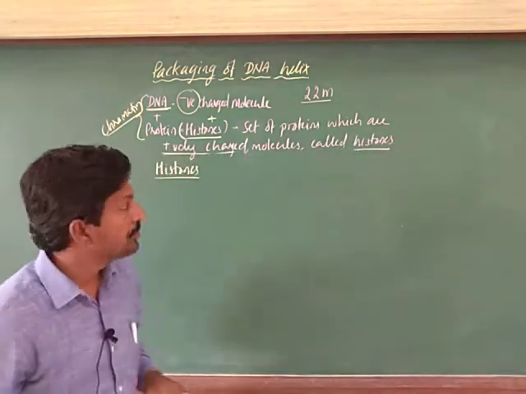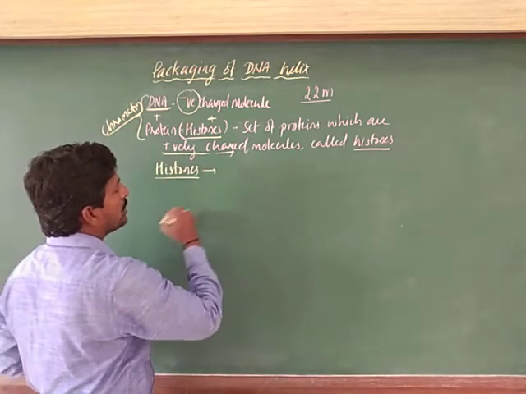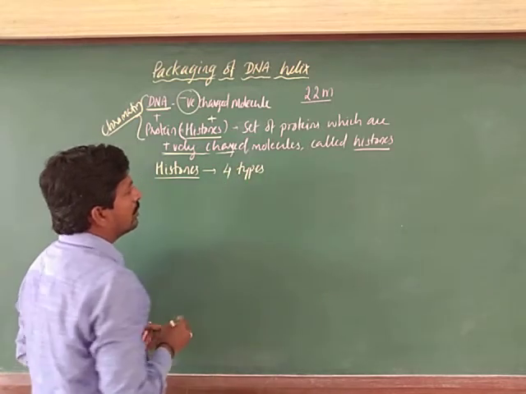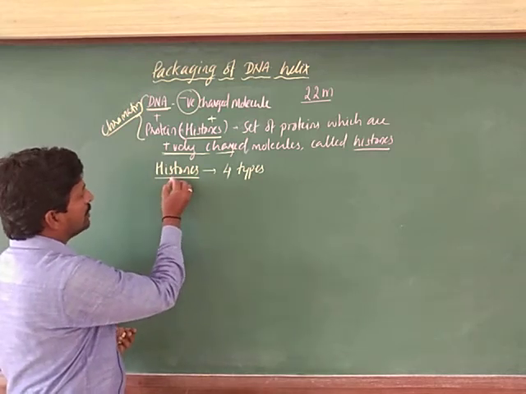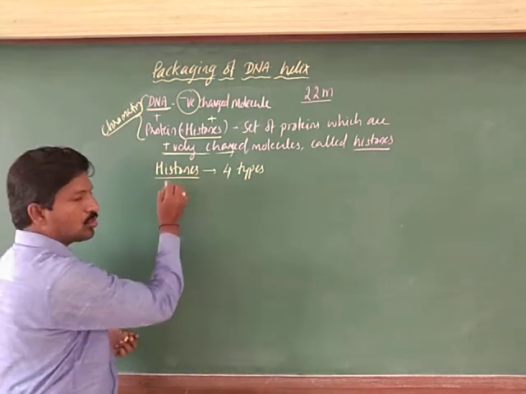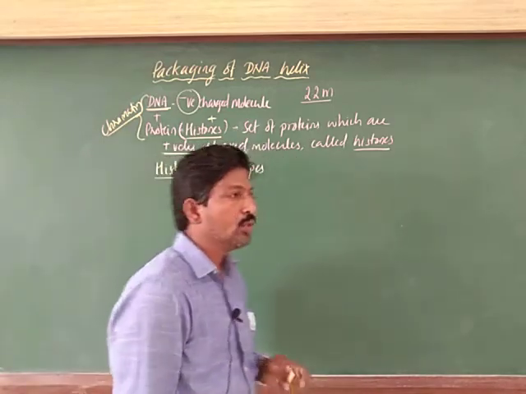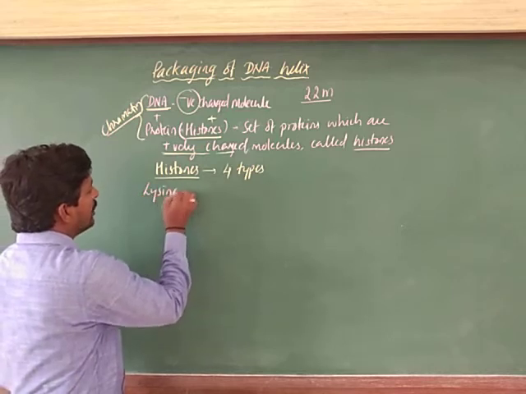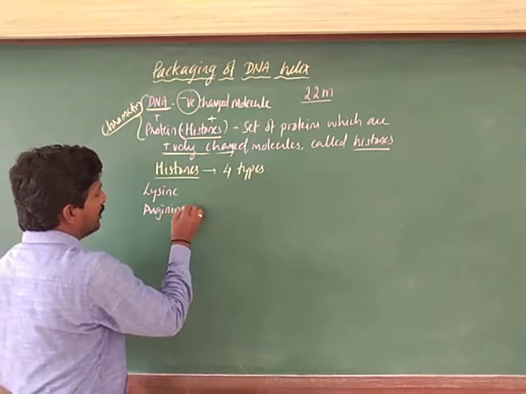See, the histones are of 4 types. Mainly there are 4 types. The histone proteins are rich in 2 amino acids, that is lysine and arginine.